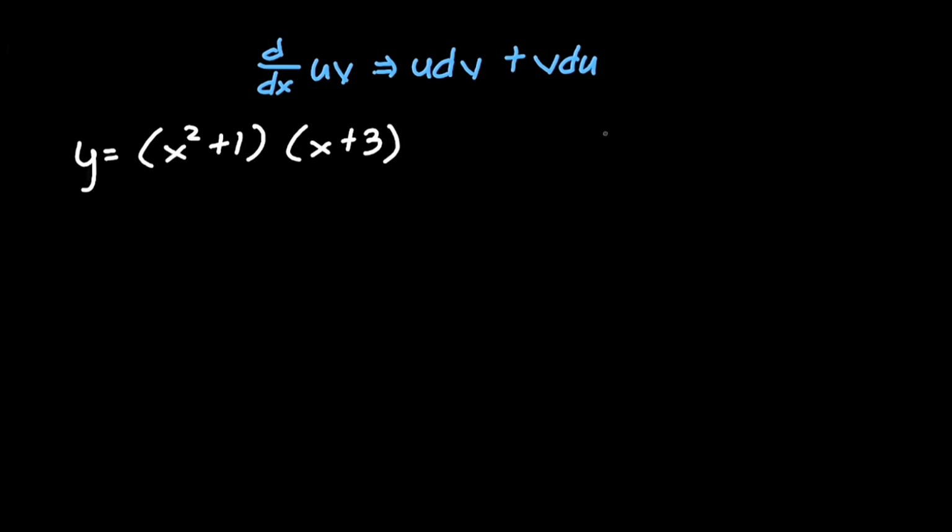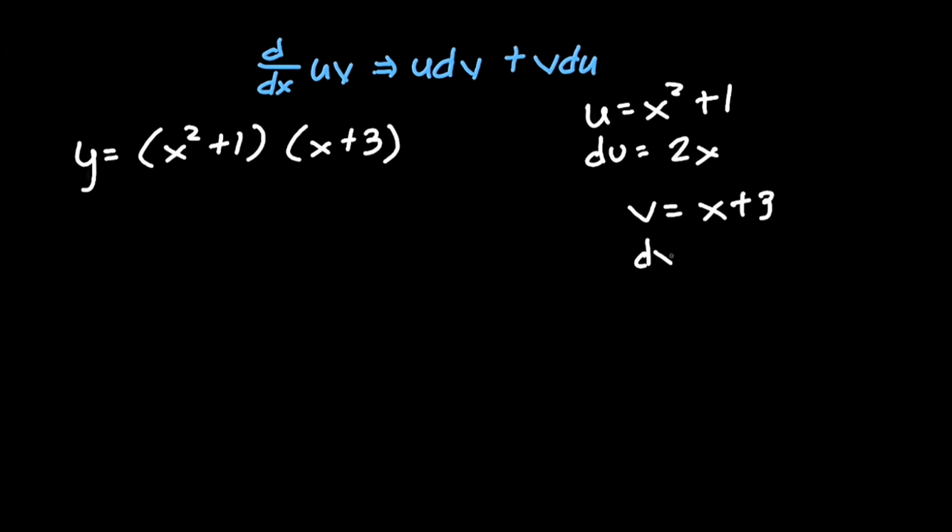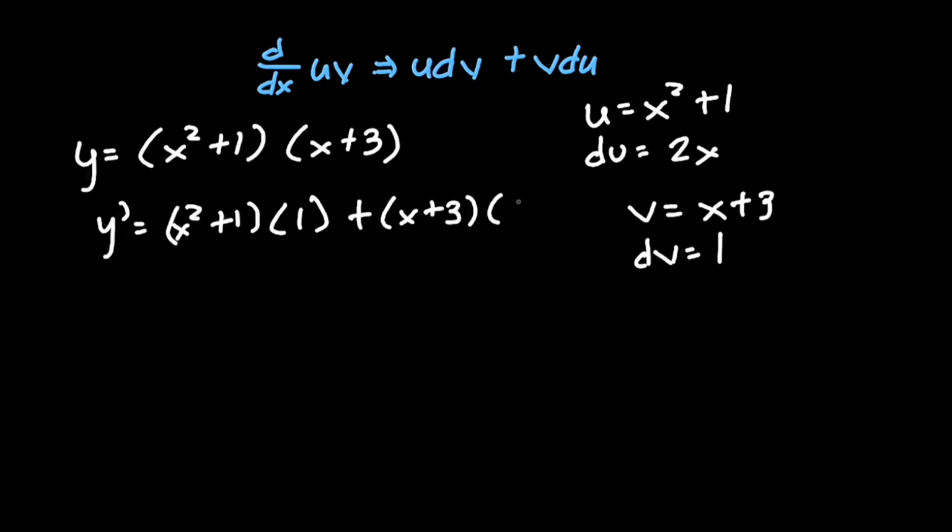Let's try this example. U here would be x squared plus 1. The derivative of this would be simply 2x. As for v, it will be x plus 3. The derivative of x plus 3 would be 1. Y prime now here would be u, which is x squared plus 1, multiplied by dv, which is 1, plus v, which is x plus 3, multiplied by du, which is 2x.